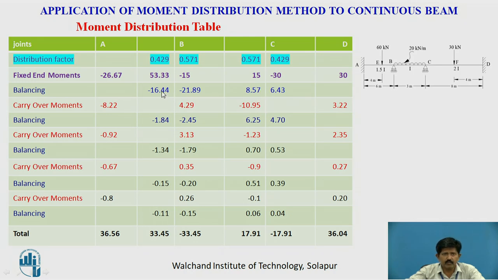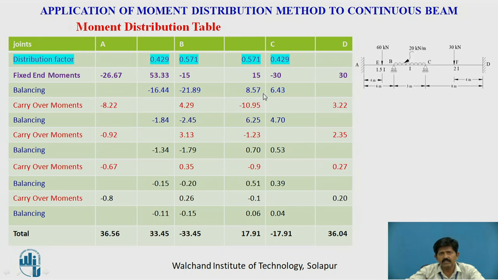Now this balancing moment has to be carried over to the farther end, half of the moment. So half of this moment will be carried over to the fixed end, far end fixed, that is 8.22 at joint A, and further this 21.89 half this is transferred to this joint C, that is minus 10.95, whereas half of this 8.57 is transferred to this joint B, that is 4.29.